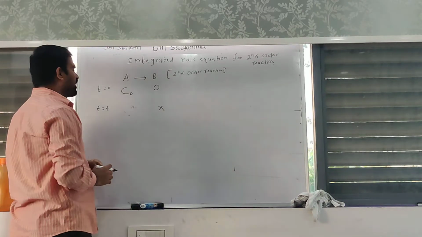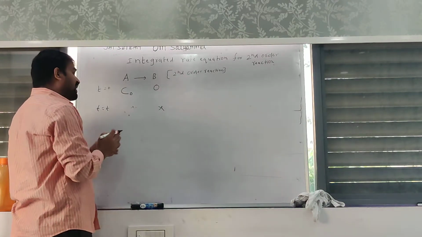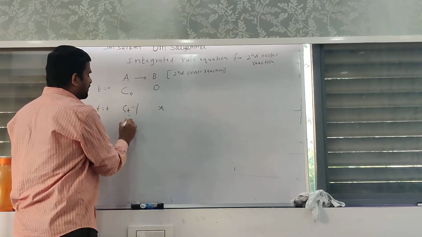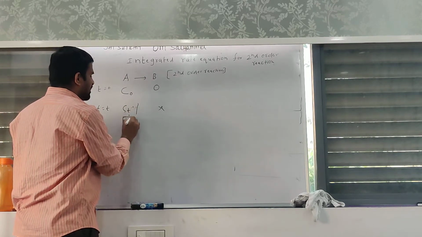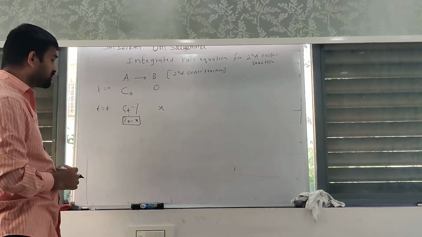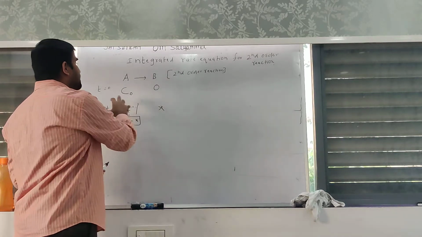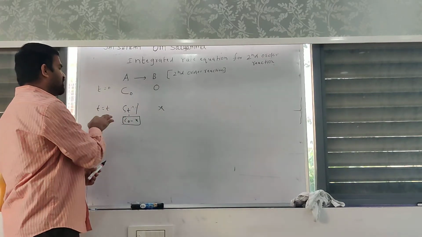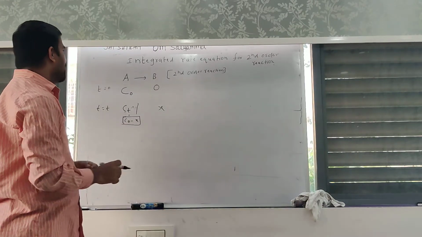At time t, the reactant present is Ct, or C naught minus X. This is the concentration representation at time t equal to 0 and at time t.